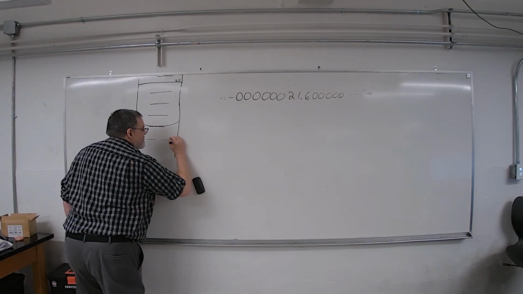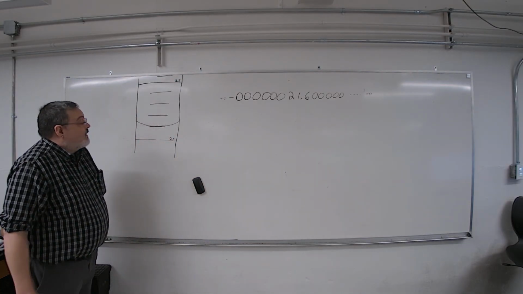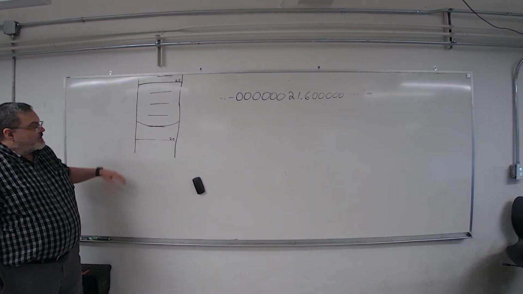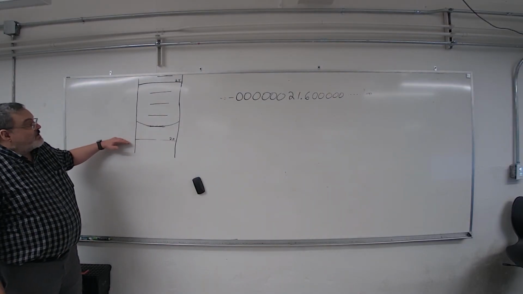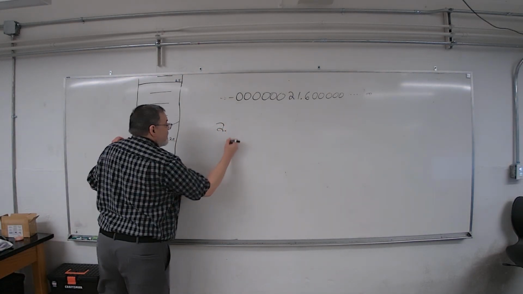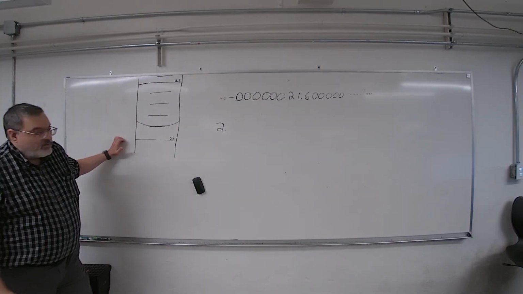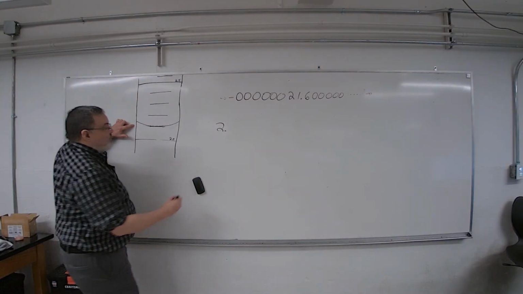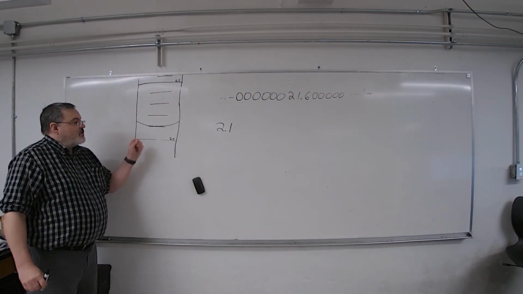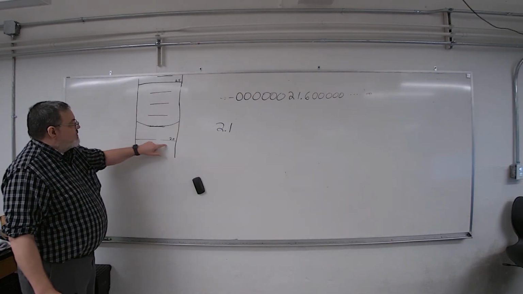And if this was a scale, this would probably say 2.0. Now what would you write down? You'd go, it's not 2, and it's not 2.5. You would write down 2.1 for this. And then you would stop there because you can't read any further.